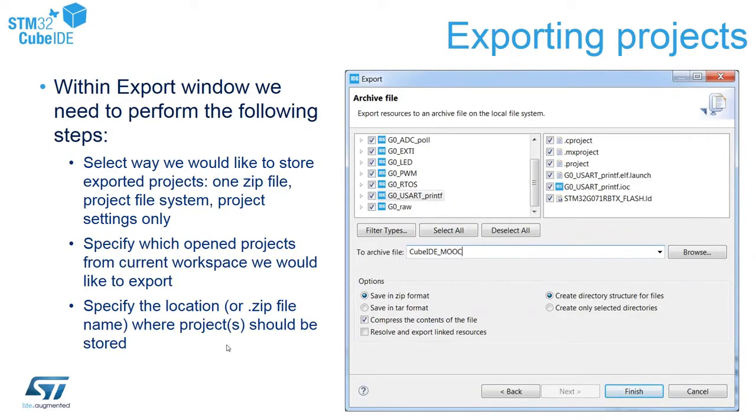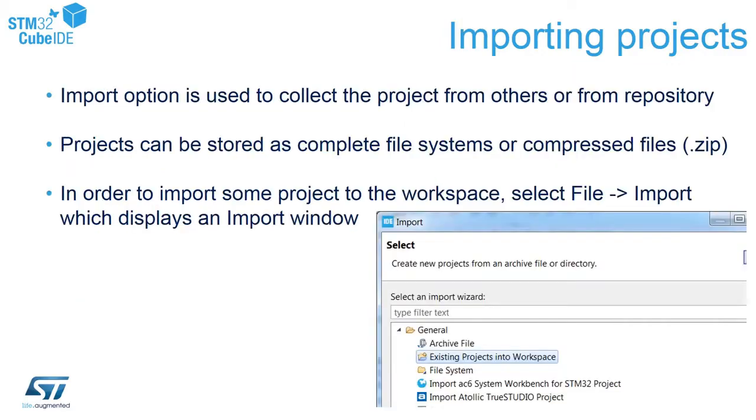Having this zip file, you can share it with other members of your team, and it would be possible to import it from a different workspace. To import the file within the workspace, you need to go to File, Import, and from General you can select what you would like to import.